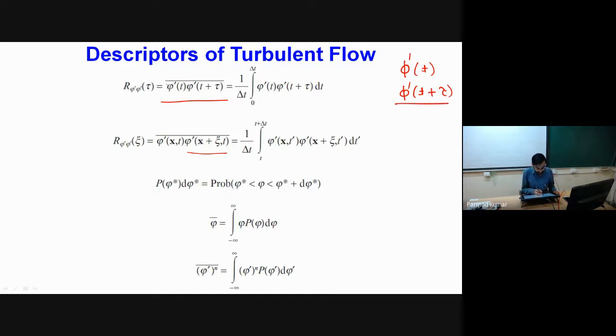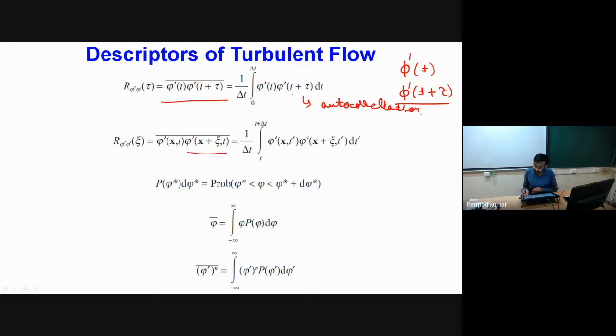And if we take the average of these values, that is defined by 1 by delta t, 0 to delta t, phi dash into phi dash at t plus tau, dt. Okay. So this type of relationship between the turbulent parameters which are separated by some time period tau, when both the parameters are the same, we call this kind of relation autocorrelation. Okay.